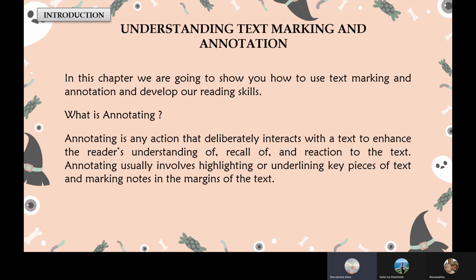And then, what is annotating? Annotating is any action that deliberately interacts with a text to enhance the reader's understanding of, recall of, and reaction to the text. Annotating usually involves highlighting or underlining key pieces of text and marking notes in the margins of the text.